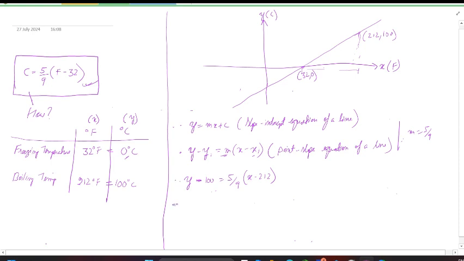Okay, now it's just algebraic manipulation. Y equals, we take the 100 to the right-hand side, so it should be plus 100. Now we're going to take common denominators, so we multiply 100 by 9 so that we have common denominators.